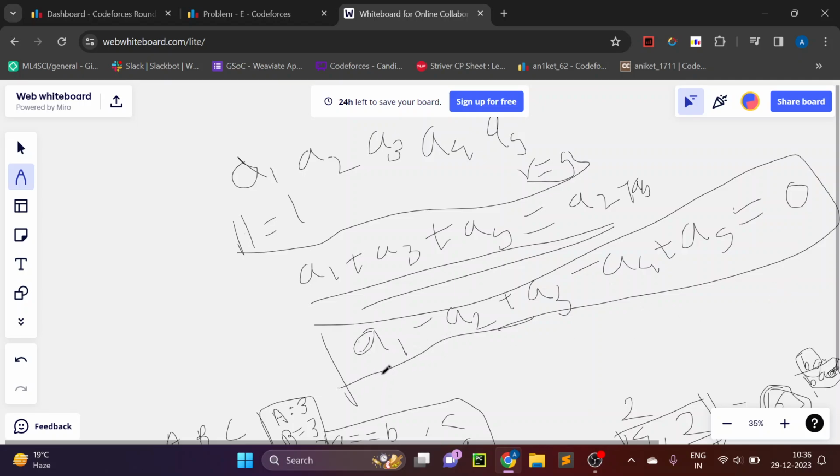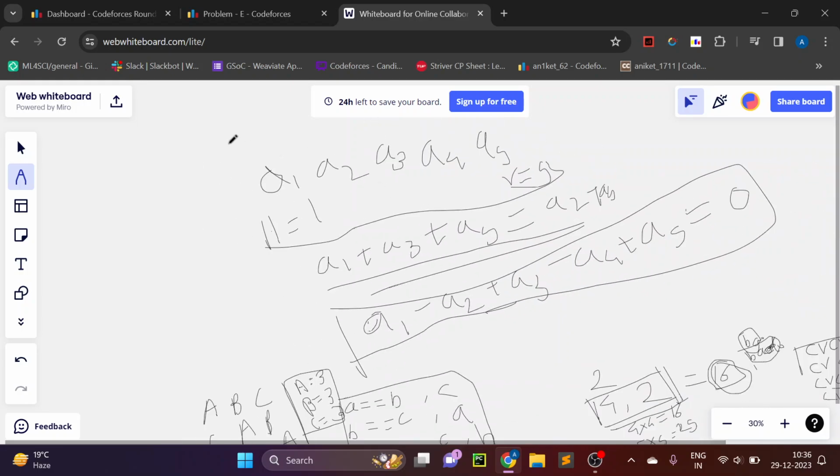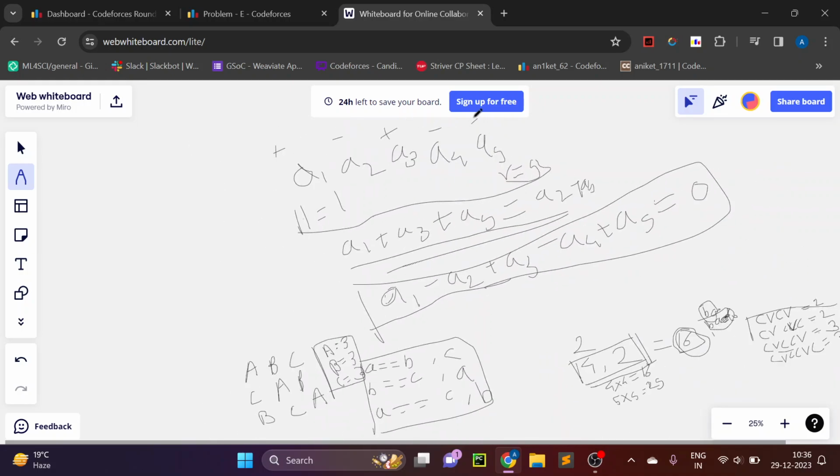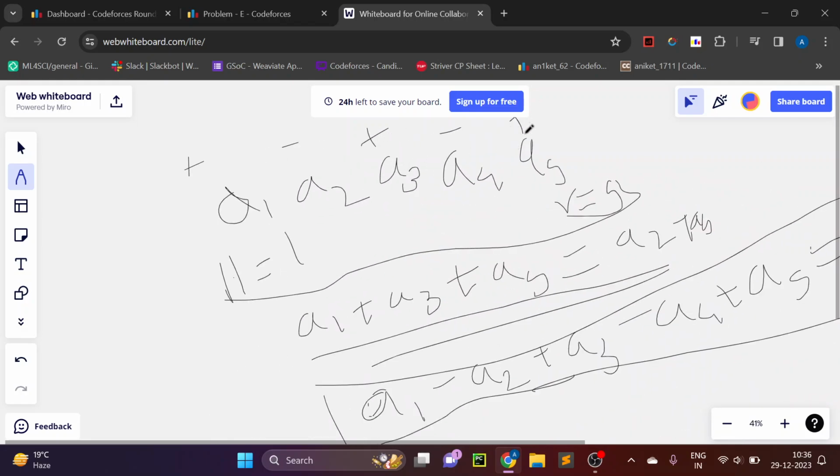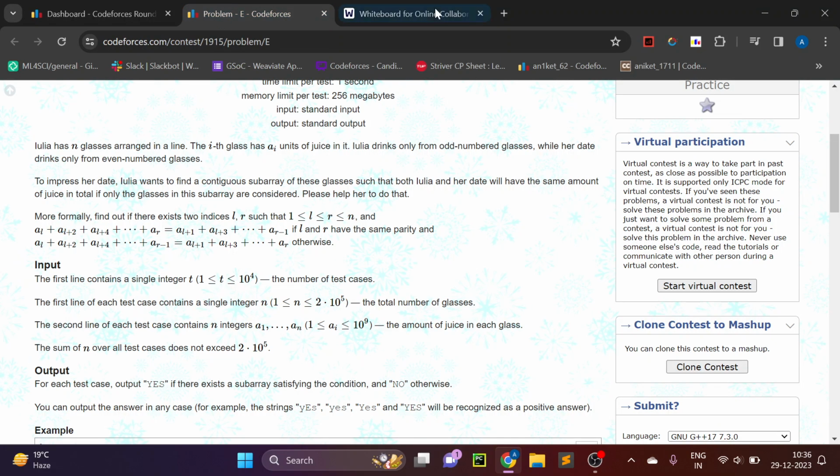Now for L to R, I will add the first element, then subtract the second element, then add the third element, then subtract the fourth element, and add the fifth element. If this kind of sum is equal to 0, then we can say that there exists such L and R, and we have to print yes.